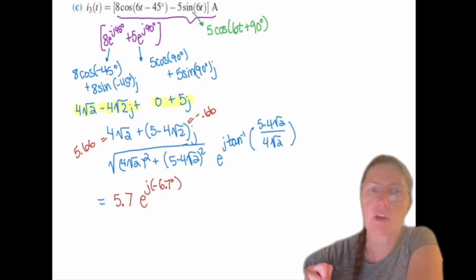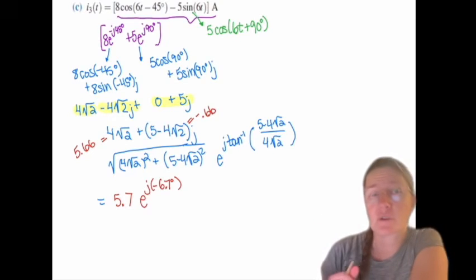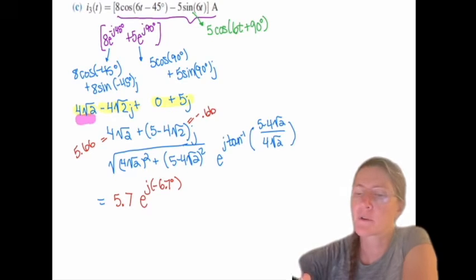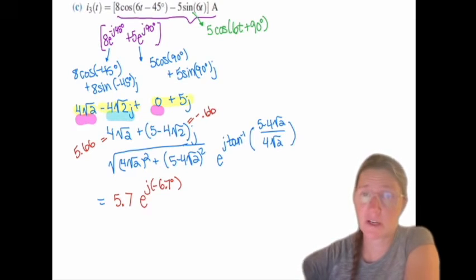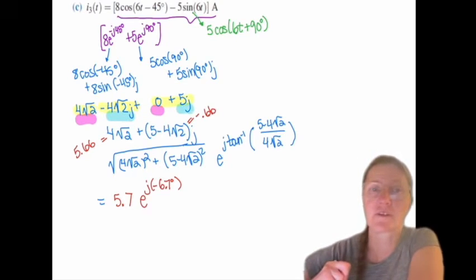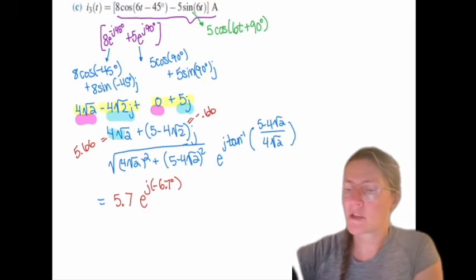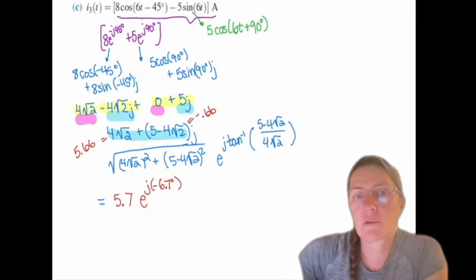And so you add now the real portions, so 4 square root of 2 plus 0, and then you add the j's, negative 4 square root of 2 plus 5, which then yields the Cartesian or rectangular form.